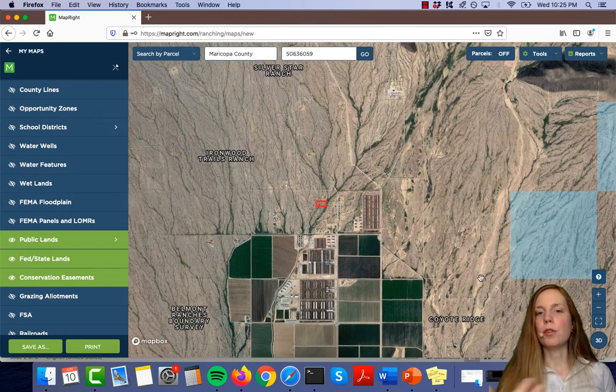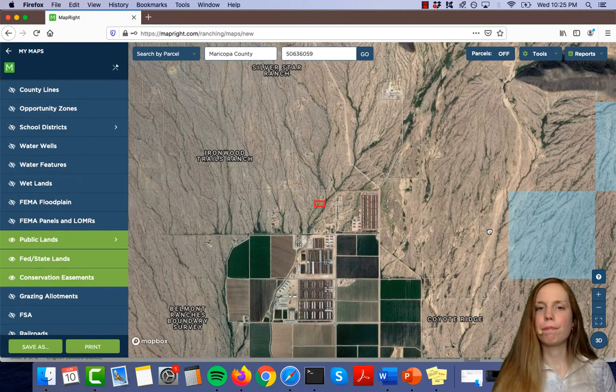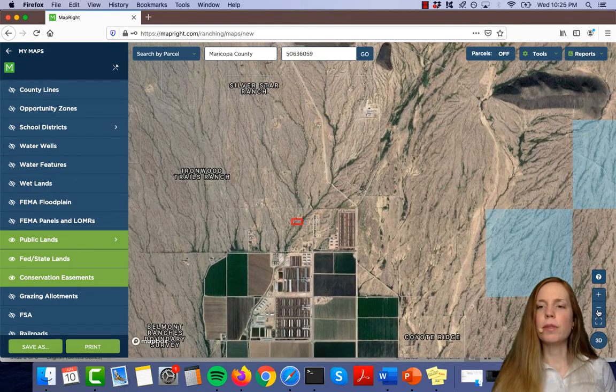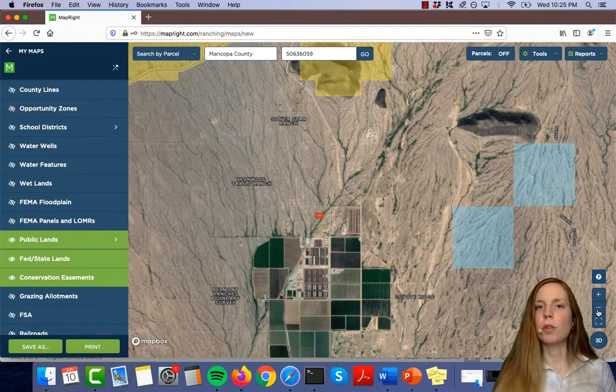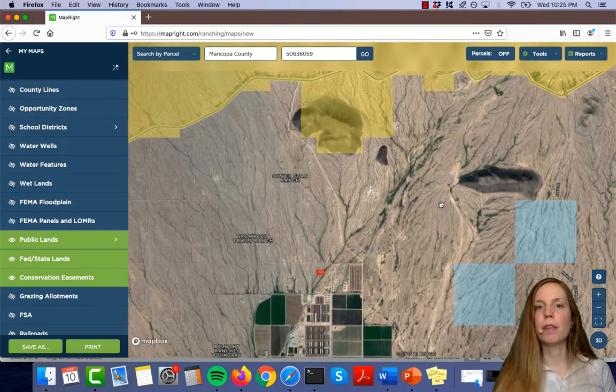And this is because, of course, public land is a great recreational resource, whether you want to go hiking or hunting or camping, any of the above. And that's one of the reasons that a lot of people buy rural land, is to be nearby some of the beautiful public land that is out there.